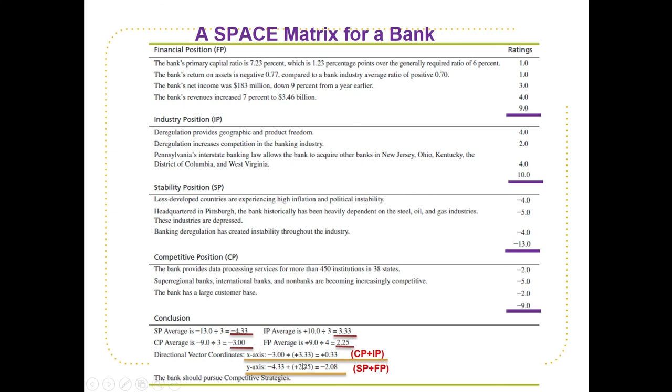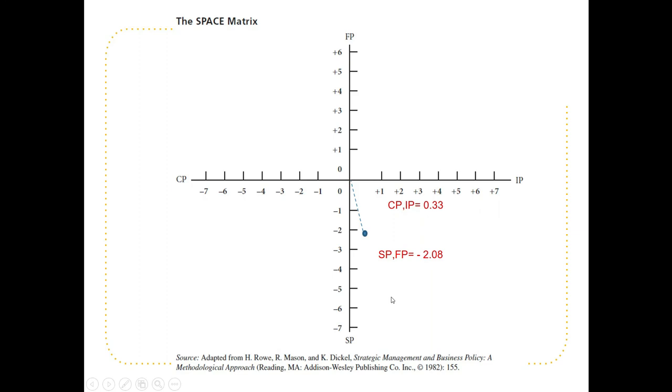Similarly, to determine your y-axis, you get the average of your SP, that is negative 4.33, and then you add it with the result of your FP, that is positive 2.25. And after that, you plot.